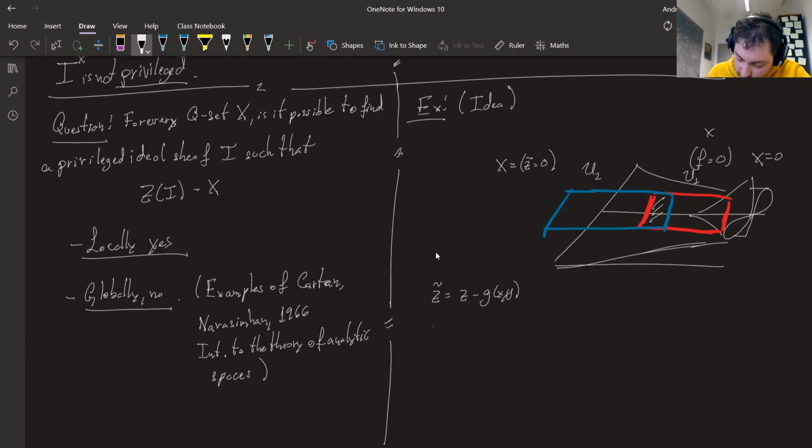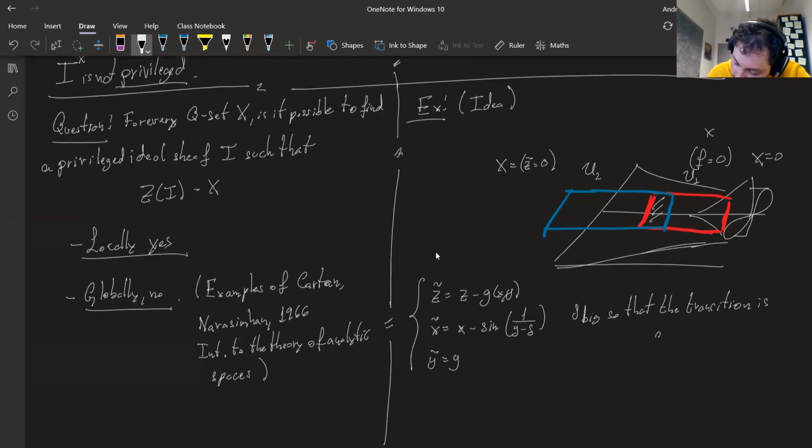And the other coordinates, we're going to take just X tilde equals X minus sine of 1 over (Y minus delta), and Y tilde equals Y, in such a way that this delta is sufficiently big so that the transition is analytic.